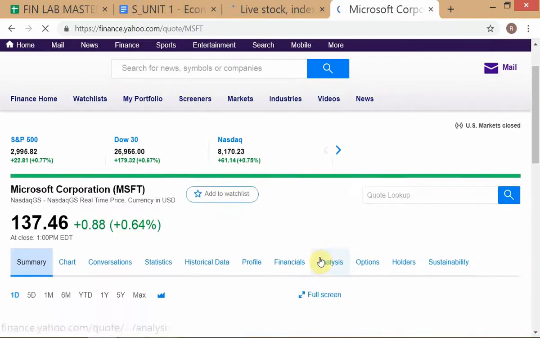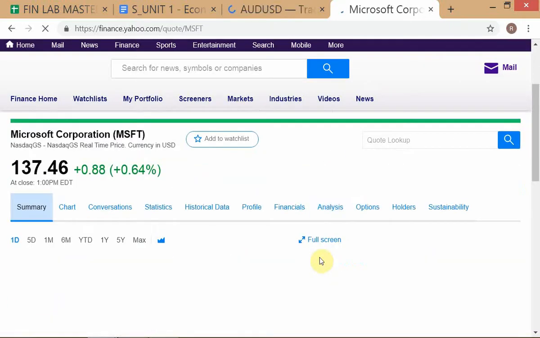The quote display is going to be MSFT is 137.46. In this case, what is the base asset? The common shares of Microsoft. In India we would call them Indian equity shares; in the US they would call it common stock of Microsoft. So the base asset is the common stock of Microsoft.